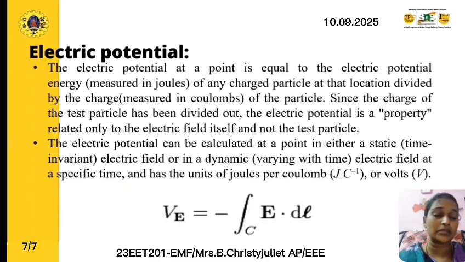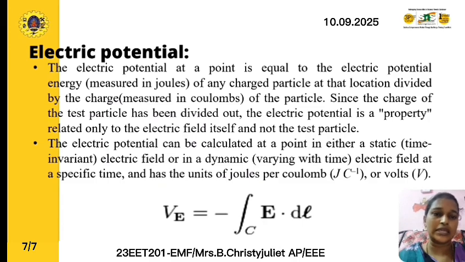So we can mathematically represent it as V is equal to minus integral E dL, because electric field intensity flows in one direction, but electric potential is something we apply externally, so it always travels opposite to the electric field.